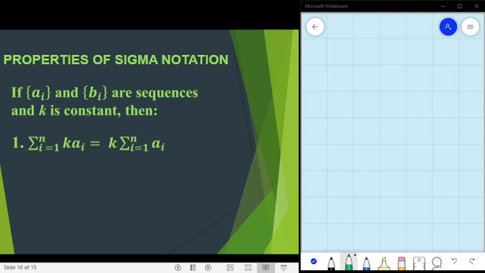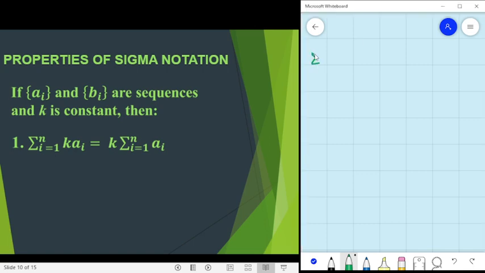Okay, so for example, we have the summation of 5m, where m runs from 1 to 3.